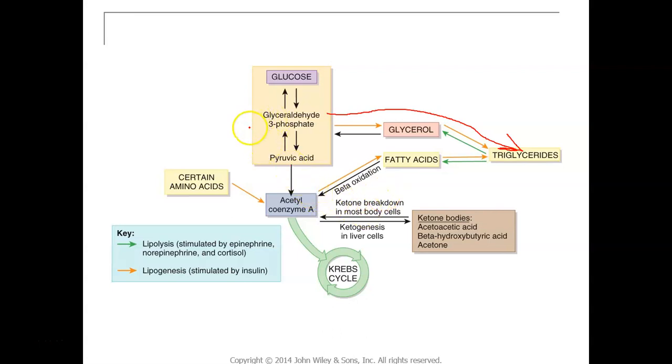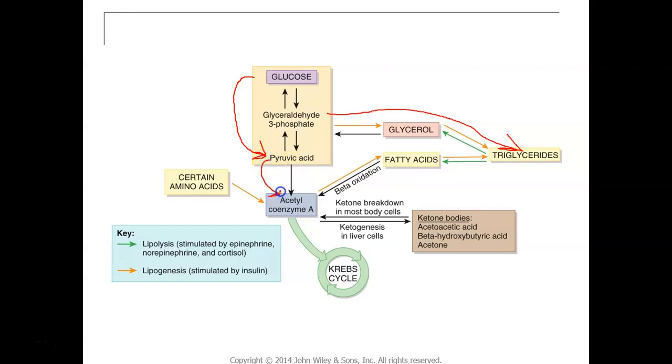The same thing happens for those particular products that get created in glycolysis. Remember, at the end of glycolysis we got pyruvic acid, or pyruvate. That pyruvate then got converted into acetyl-CoA.